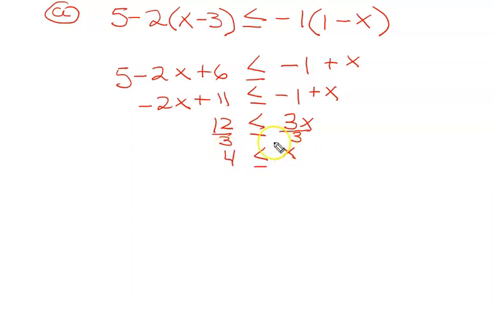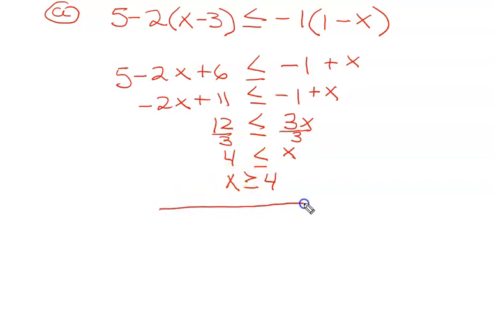But notice we like to read these from left to right, where our variable is on the left. So I'm just going to reverse this. X now is greater than or equal to 4. Notice positive x, you read it this way. The open part of the inequality sign faces the x.